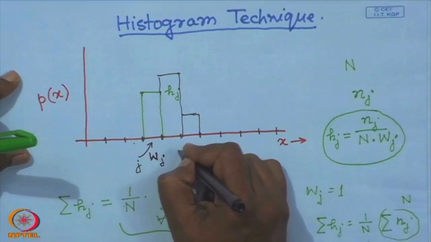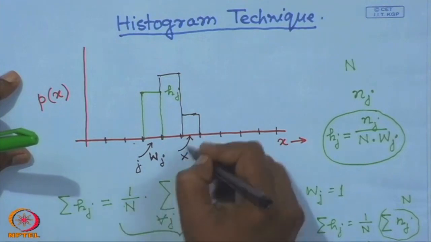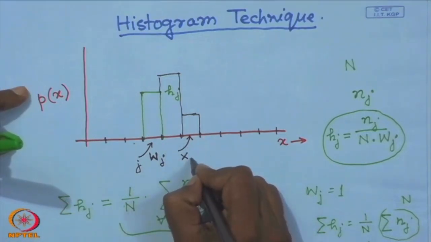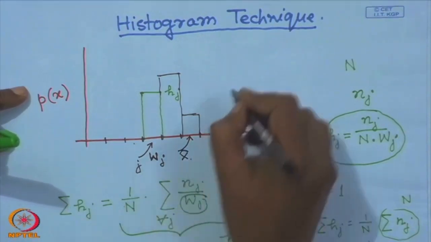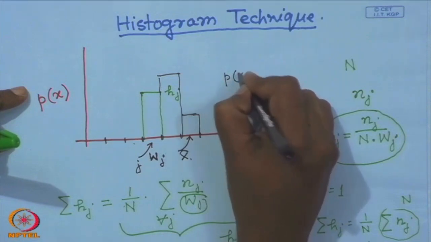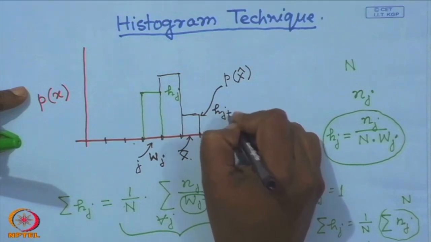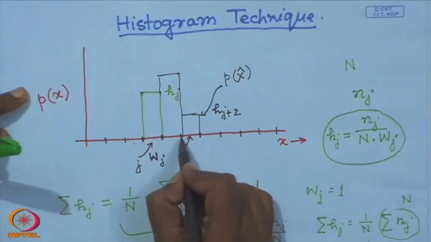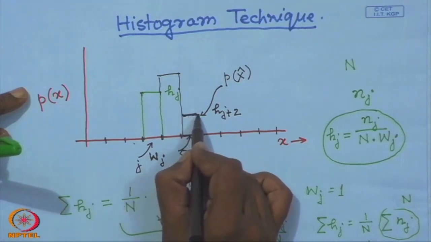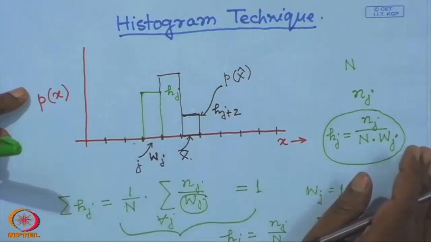Now, if I have any unknown value of x, say x over here, a sample value x hat, immediately I will say that P of x hat is nothing but h_(j+2), that is the height of the bar in the j plus second interval. Obviously, here it is assumed that within an interval the probability density is constant, and the probability density is likely to be different in different intervals.